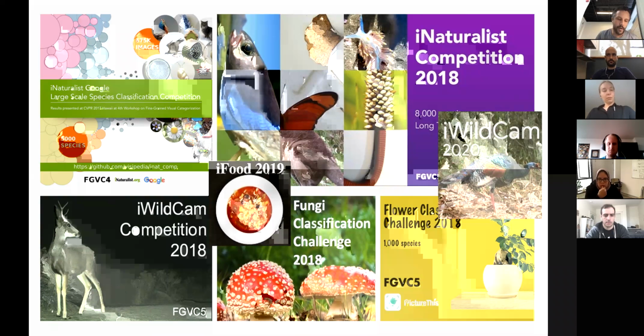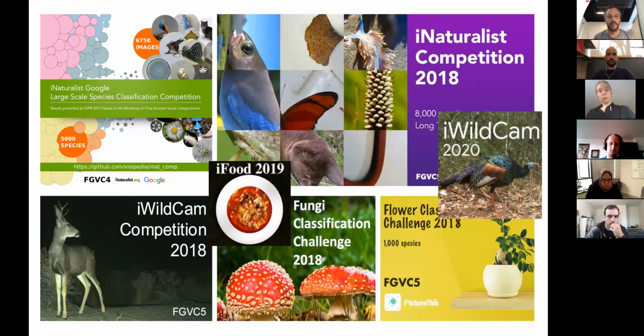So this gave rise to what we call the FGVC workshops, fine-grained visual categorization. And these are now roughly a regular fixture at CVPR. I say roughly because we have to apply for that workshop every year. And knock on wood, we just submitted the proposal for the latest FGVC workshop.